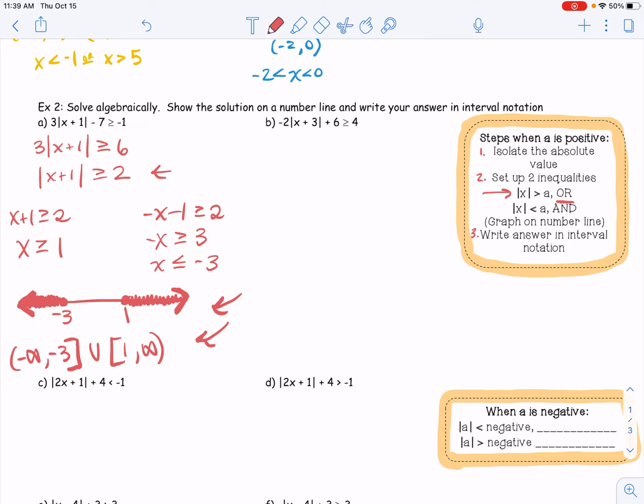It's this part or it's this part. It's from negative infinity to negative 3 or it's from that 1 to infinity. So this is giving us an OR statement, greater than or equal to. Okay, that's a good way to remember it. If we get an absolute value less than some positive value, then that's going to be an AND statement.